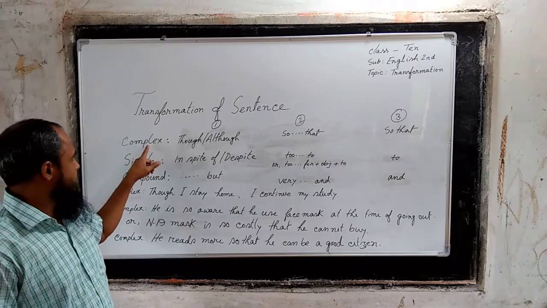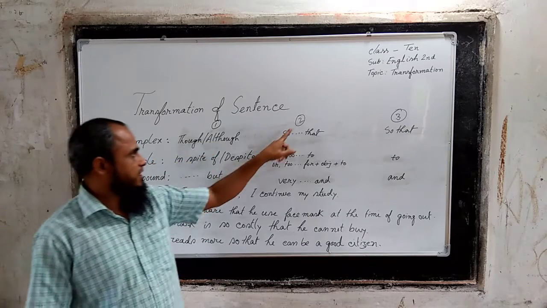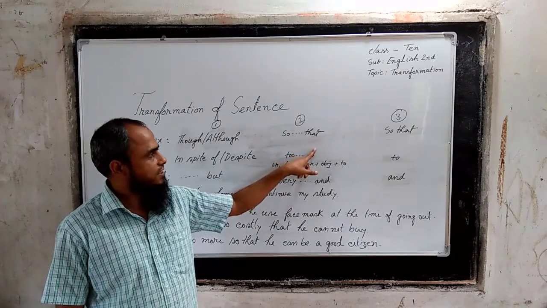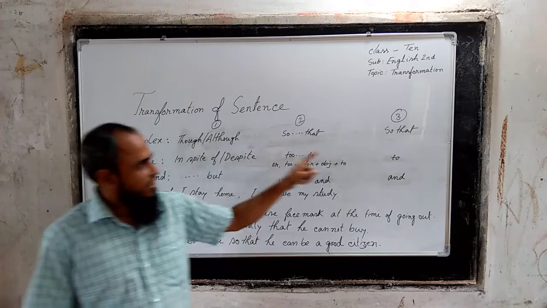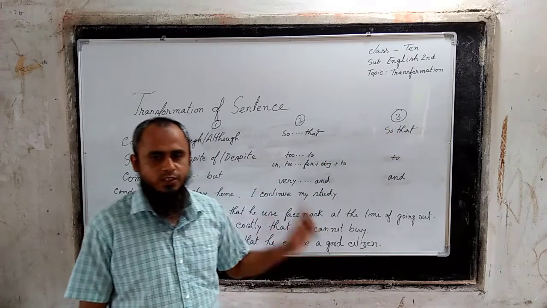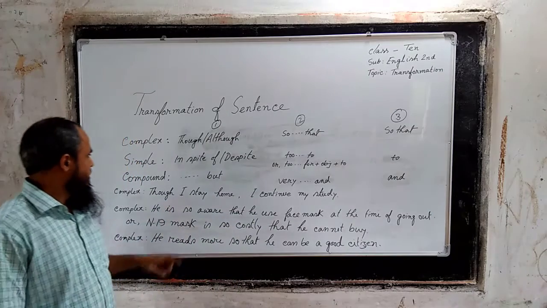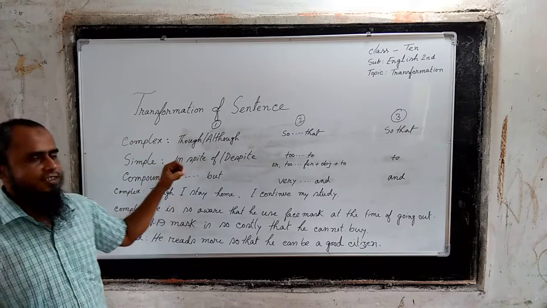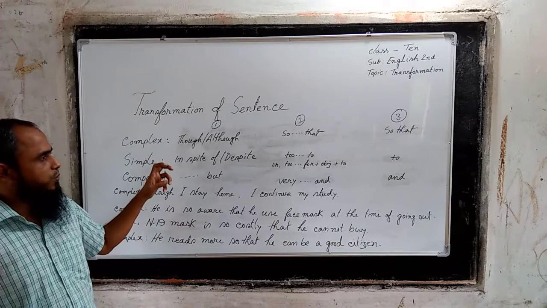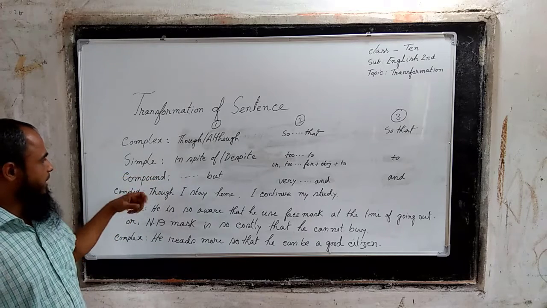The first structure was "though" or "although" in a complex sentence, the second structure was "so ... that" in a complex sentence, and the third structure was "so that" used together in a complex sentence. And if you are told to make these sentences simple, I have told you, and I have also given some examples. Now I am flashing back.